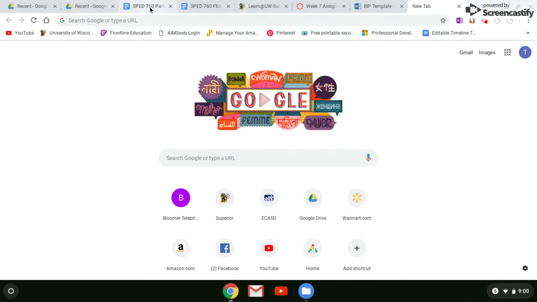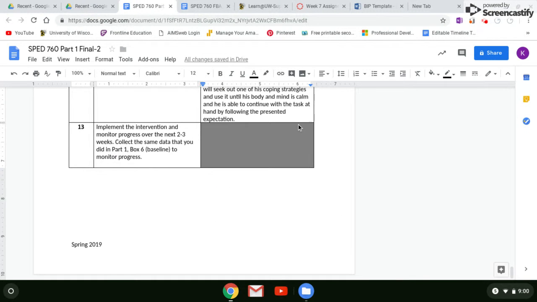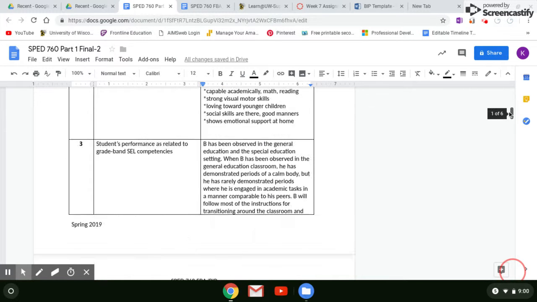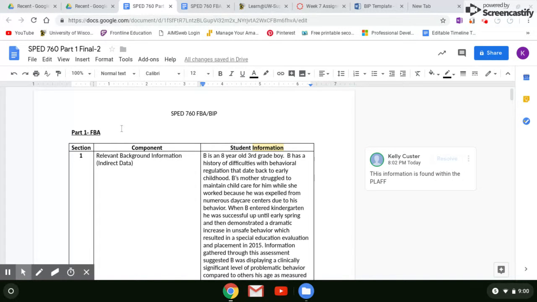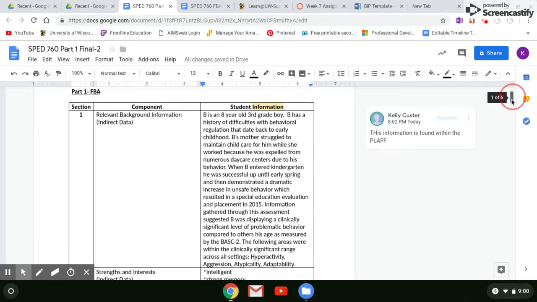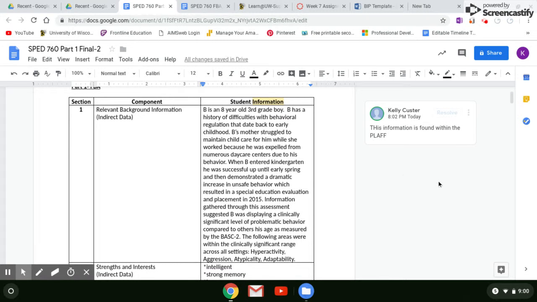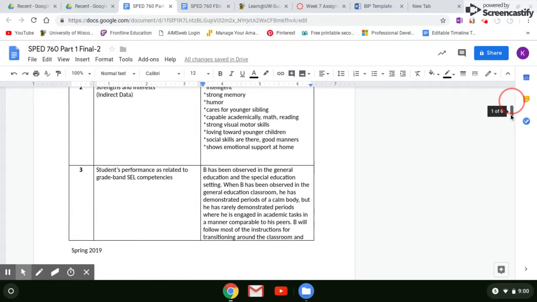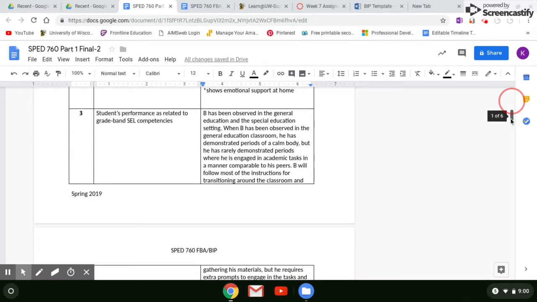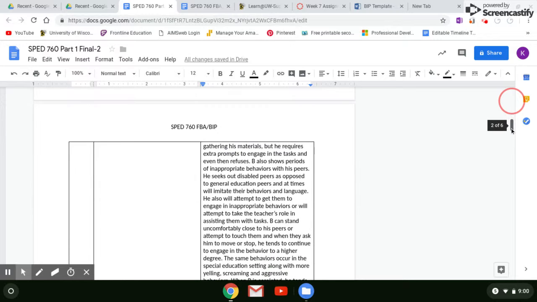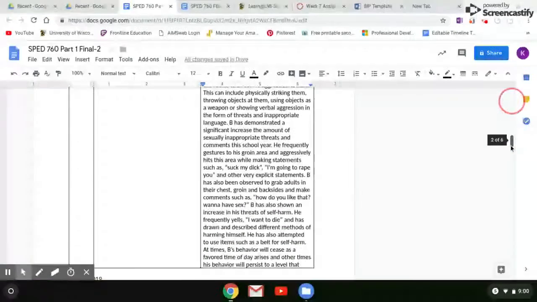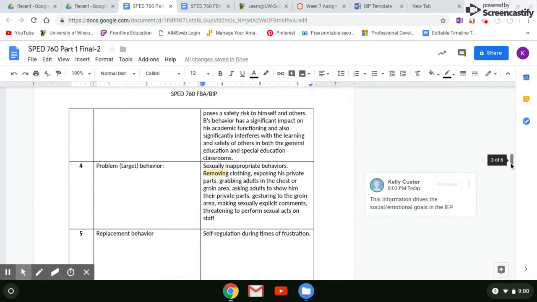Within that, I've also gone through and made little comments within the format that you gave me, and where you would find this type of information. The student information would all be found within the PLEP of the IEP: strengths, grade level where he's at, what we're seeing, things like that.